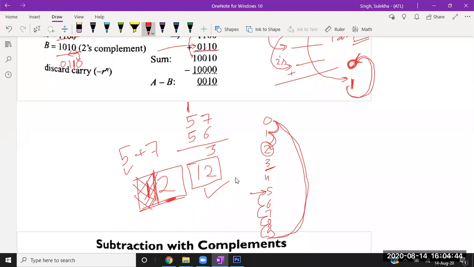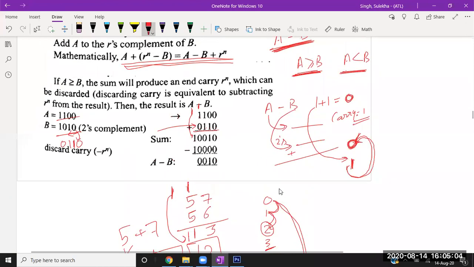Again, you add 5 plus 1 plus 5 and get 11. So 1 is there, and 1 is the carry. Since there is no further number, this carry stays as it is. These are the things you follow in the decimal number system, and we will follow the same thing in the binary number system also.